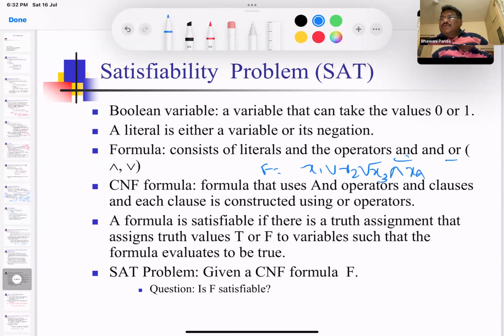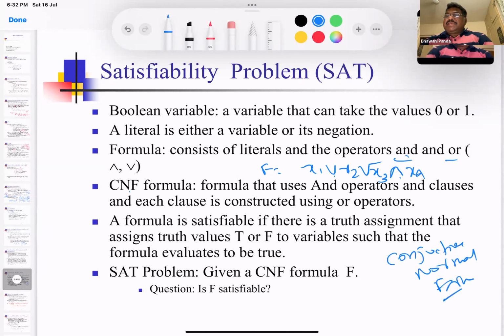But a CNF formula is a conjunctive normal form formula. A formula that uses AND operators over clauses, and each clause is constructed using the OR operator. For example, F I can write as C1 and C2 and C3.